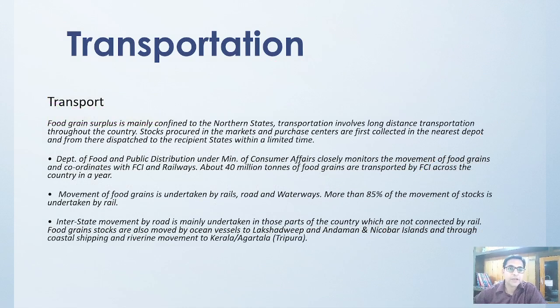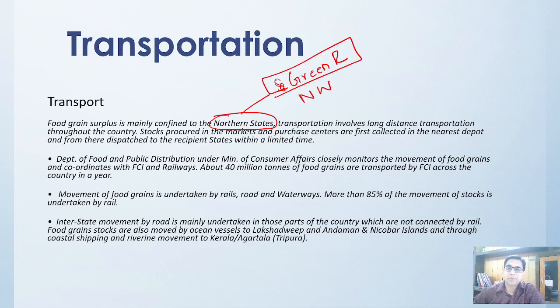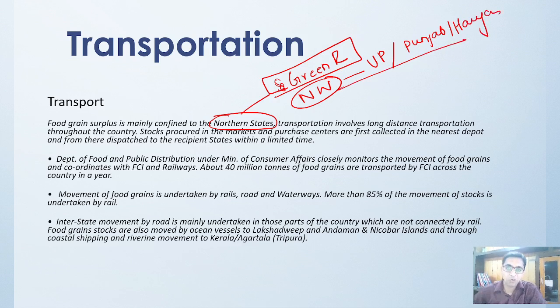Food grain surplus is normally confined to northern India, during the Green Revolution. During the Green Revolution, we see that in the northwestern part of India, northwestern UP, Punjab and Haryana, surplus food grain started developing with the help of high yielding variety seeds.